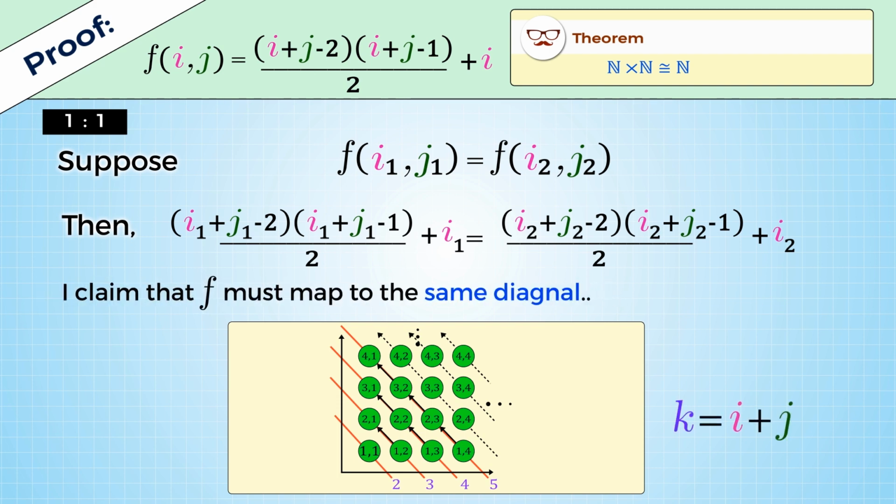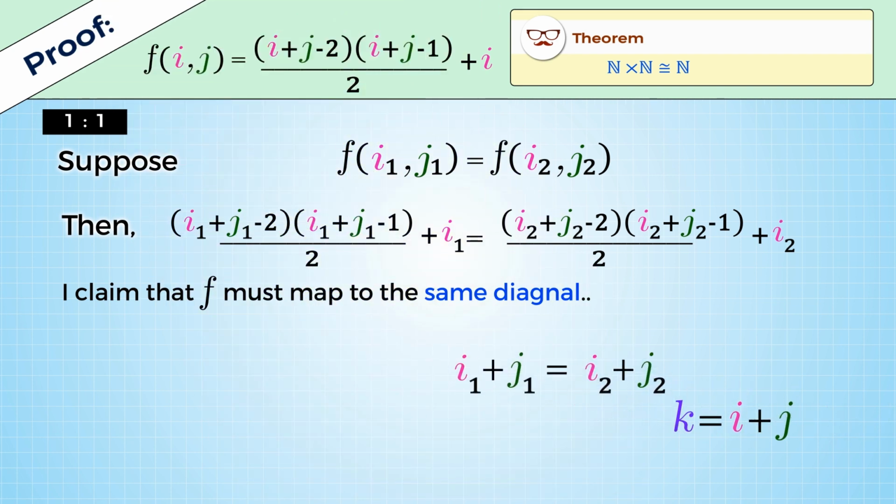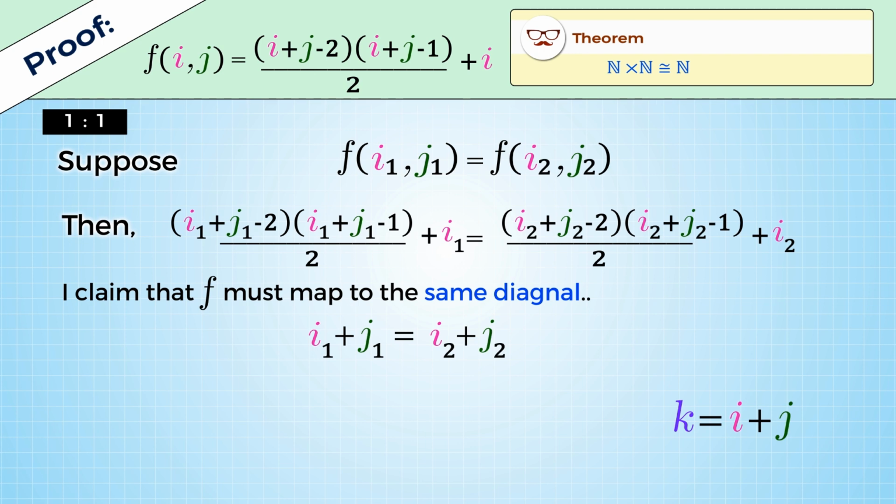I claim that f must map to the same diagonal. In other words, the sum i1 plus j1 is equal to i2 plus j2.